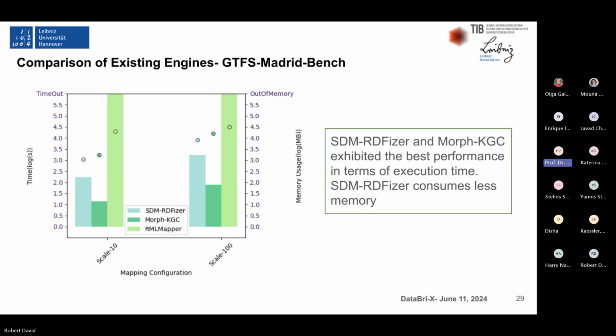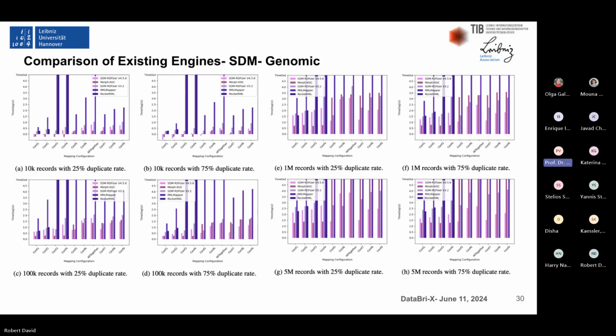So we go to the next one, please. In this case, we see that this is a benchmark that was defined independently of the engines. And we start having different types of cases. We have A, B, C, until H, where the size is changing, but also the duplicated rate.